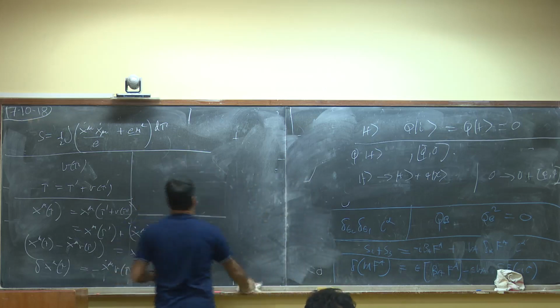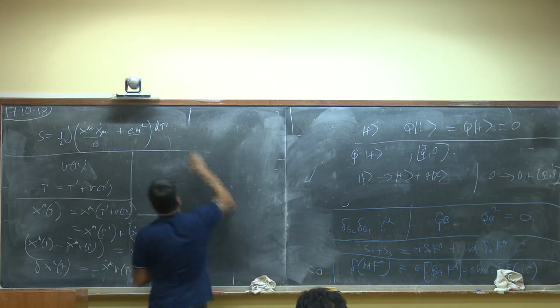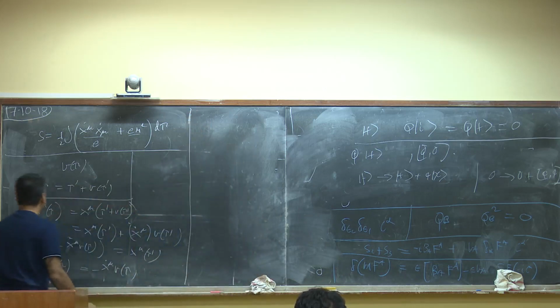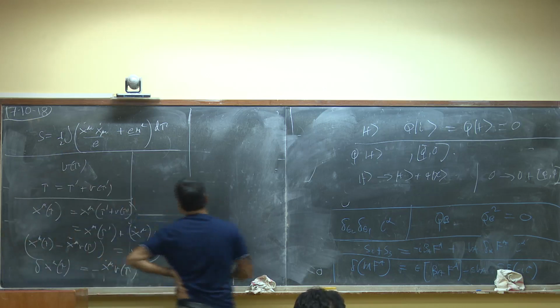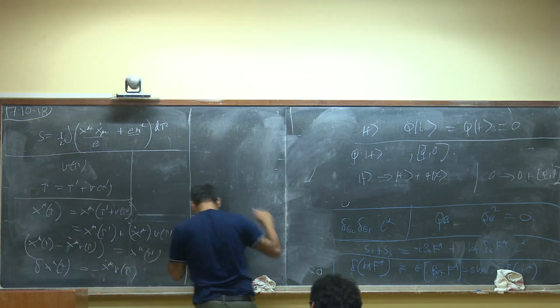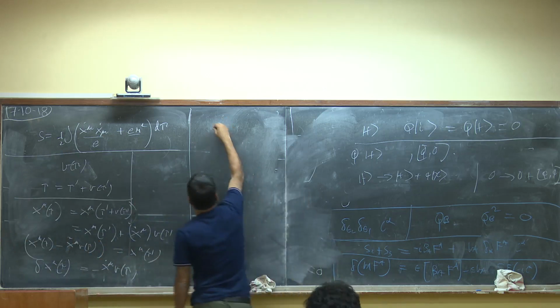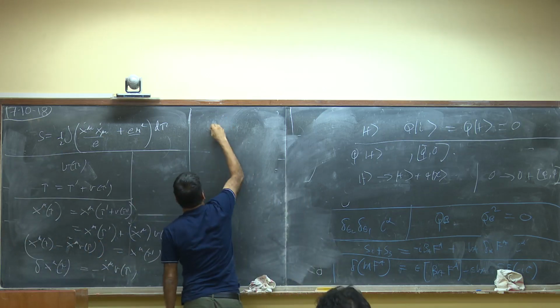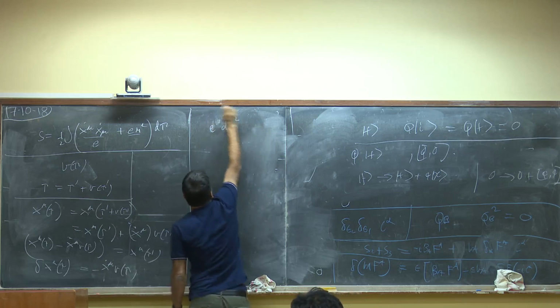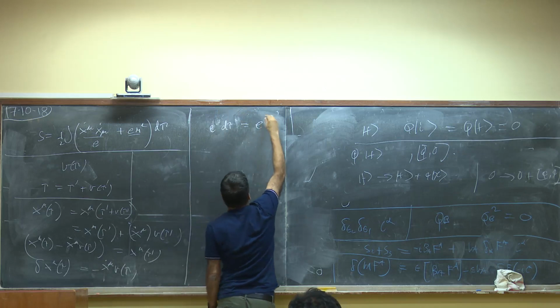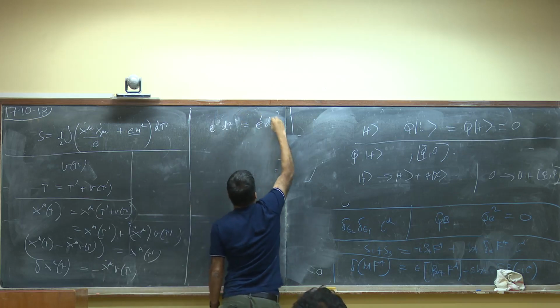Let us also apply the same rule to see how this E transforms. So we have a metric, E squared d tau squared. So E d tau is equal to E prime d tau prime.